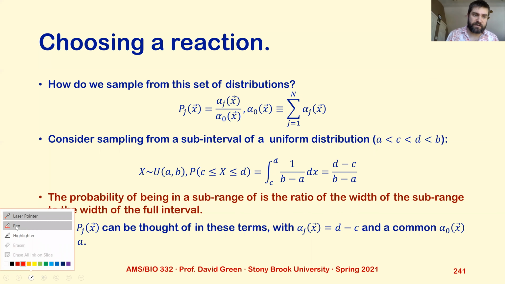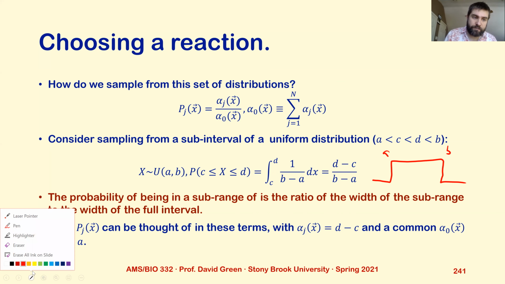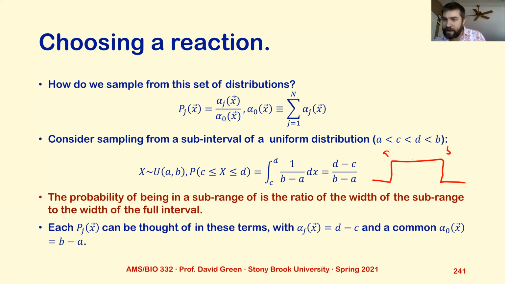So maybe we can sketch this out. Let's say that we have a uniform distribution that goes from A to B. And what we want to know is the probability that we are inside a particular range that goes from C to D. Well, the probability that the number is inside this range is just whatever this width is, D minus C, divided by the width of the whole range, B minus A. A ratio of two numbers, just like the ratio of the numbers here.